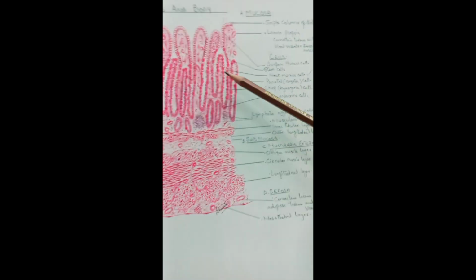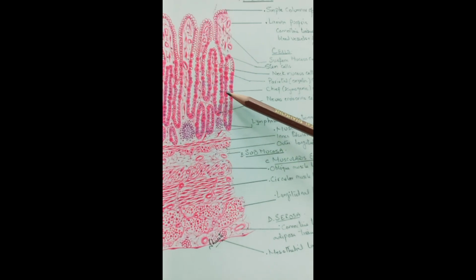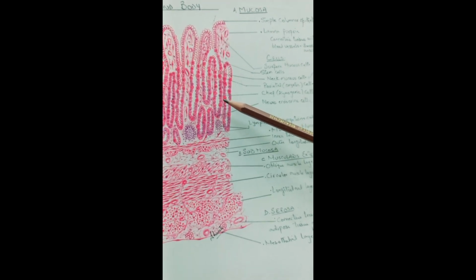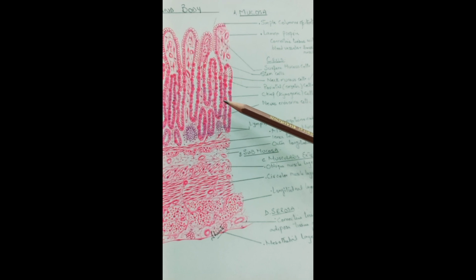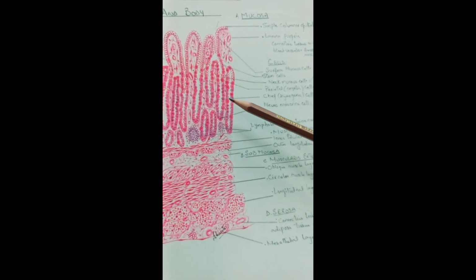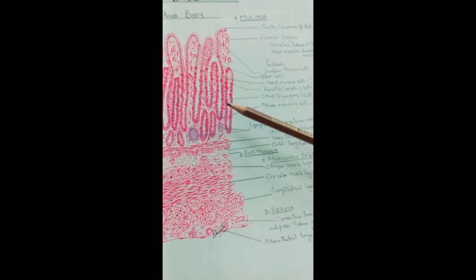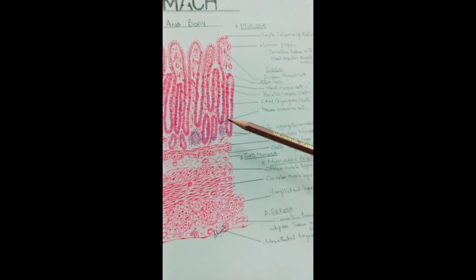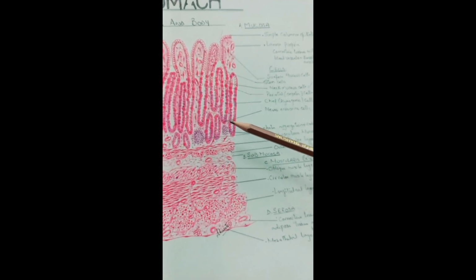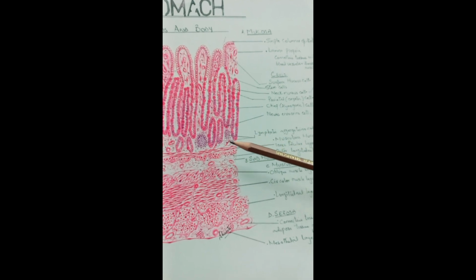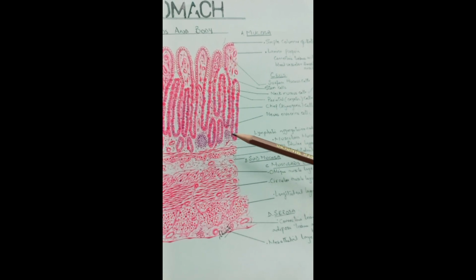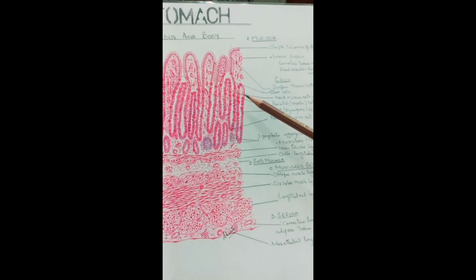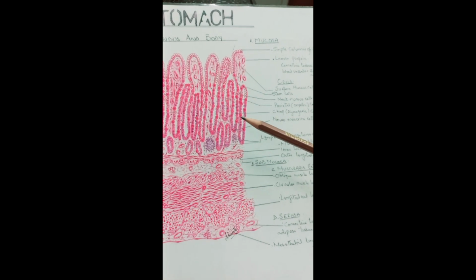Then we have the parietal cells, or oxyntic cells, which secrete HCl. These are spherical or rounded with a central nucleus. Then we have the chief cells, which have basophilic stain. Then neuroendocrine cells, which are dispersed in the whole GIT. So these are some cells of the glands of the mucosa.